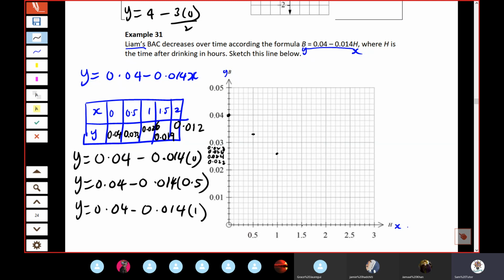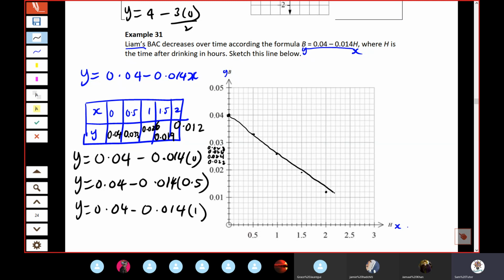And then at 1.5, it should be 0.019, which was just before the 20. And then at 2, it's 0.012, so 12 would be right there. And you can see I've got pretty much a straight line happening.